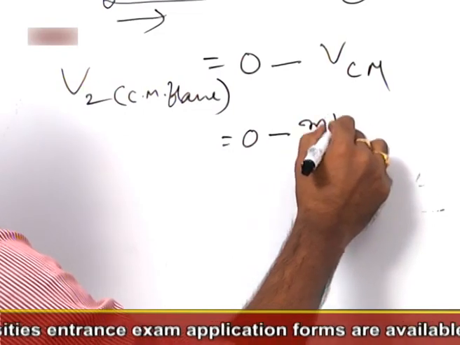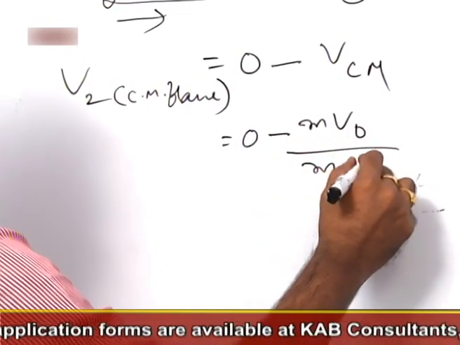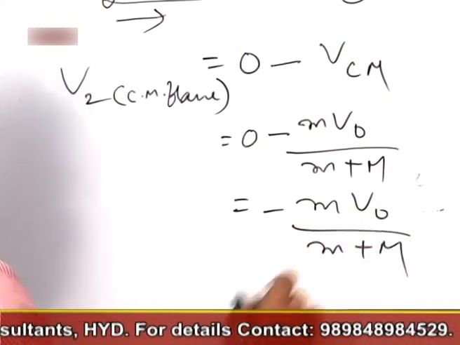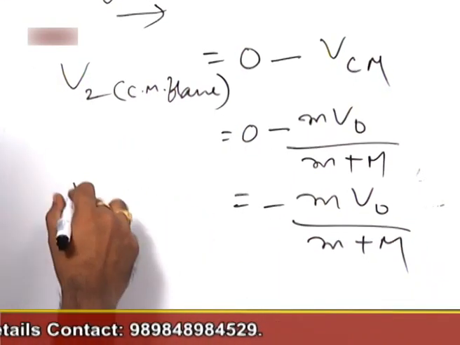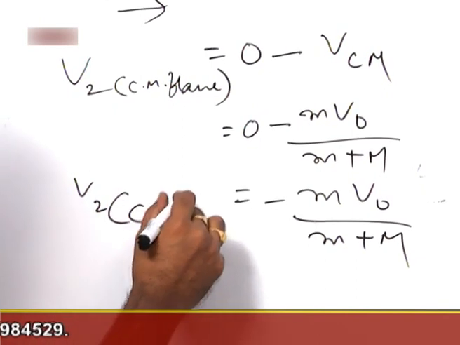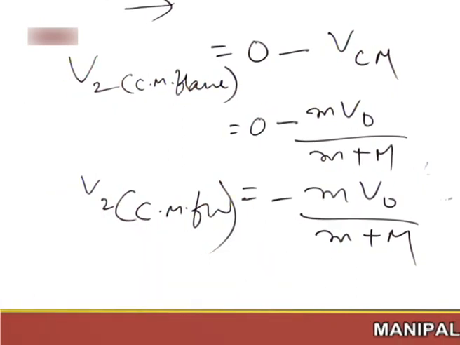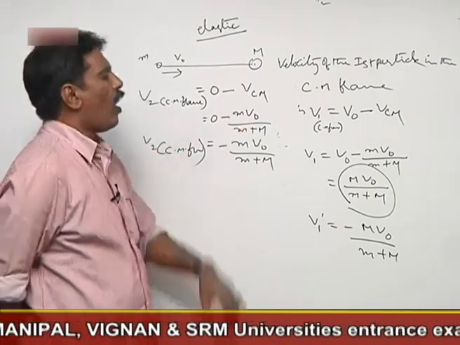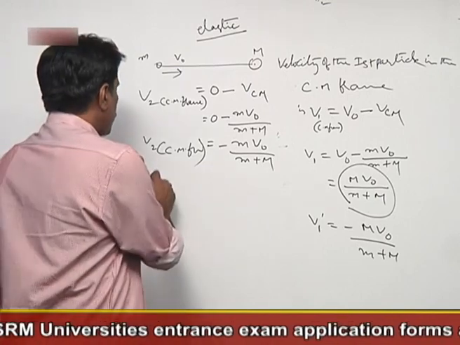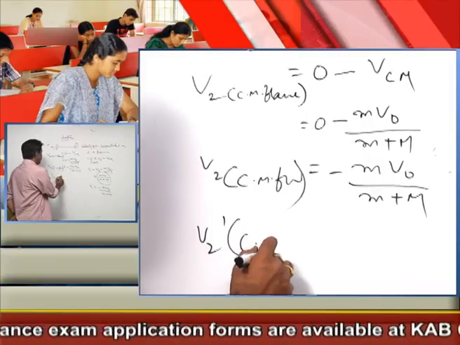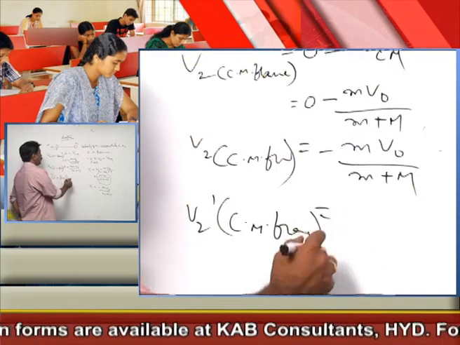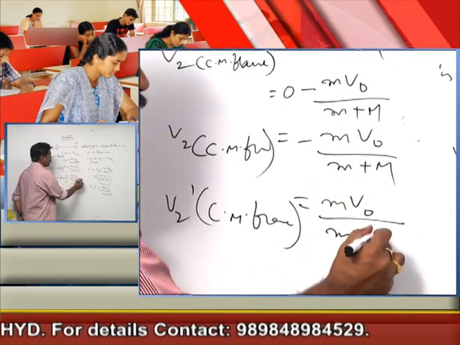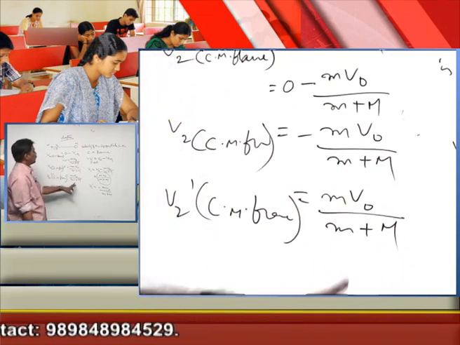So 0 minus that is equal to minus m v naught by m plus m. So velocity of the second particle in the CM frame before collision is minus m v naught by m plus m. After collision, velocity of this second particle in the CM frame is equal to minus of minus, that is m v naught by m plus m.